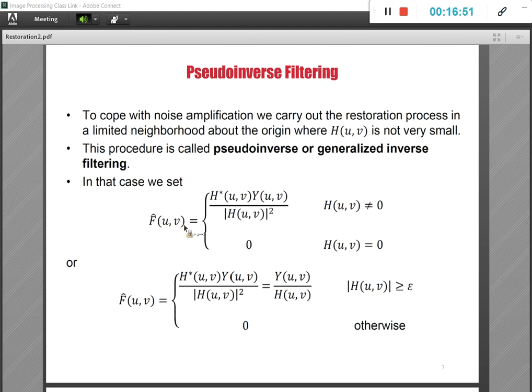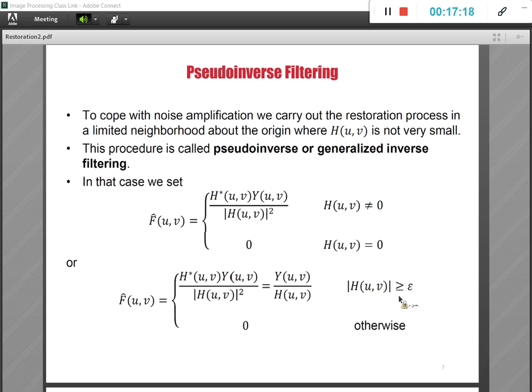So we say f hat is 0 when H is 0 for solving that problem. Or, f hat is Y over H when |H| is greater than some threshold, for example greater than epsilon, and is 0 otherwise.